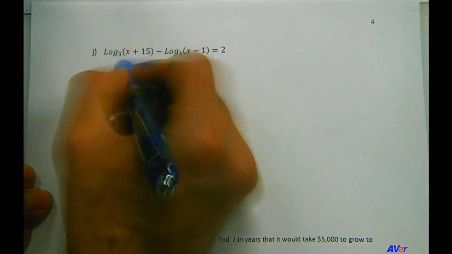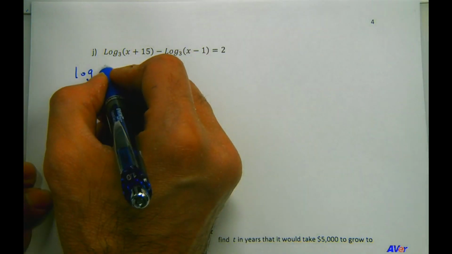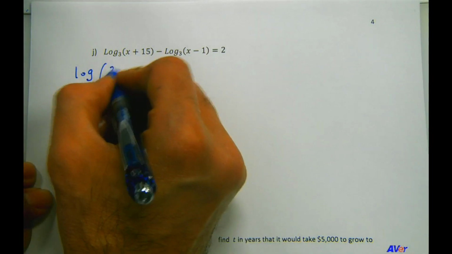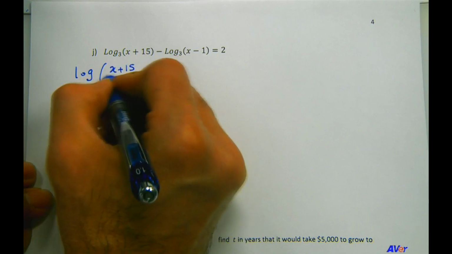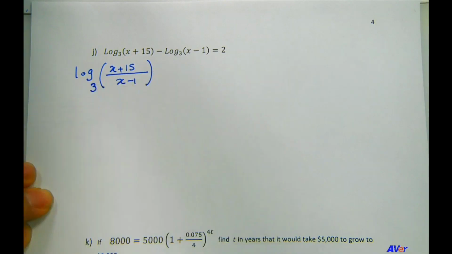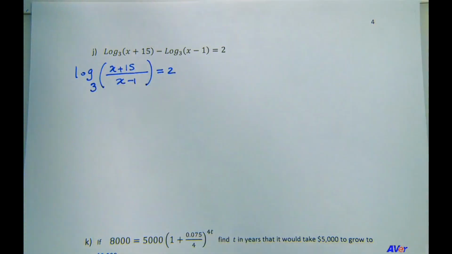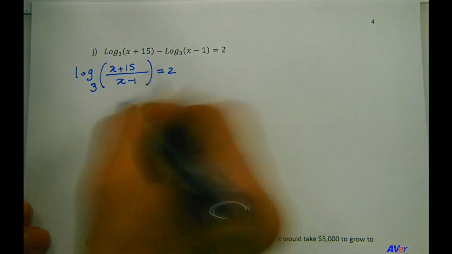But since they are, we can. So log of x plus 15 divided by x minus 1 to base 3 equals 2, right? Applying those properties.